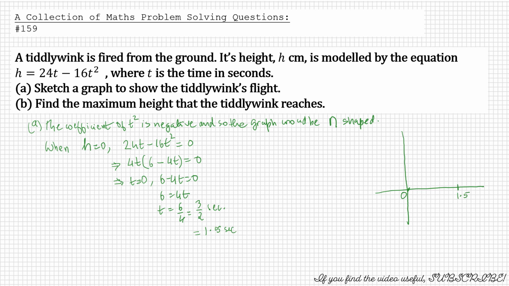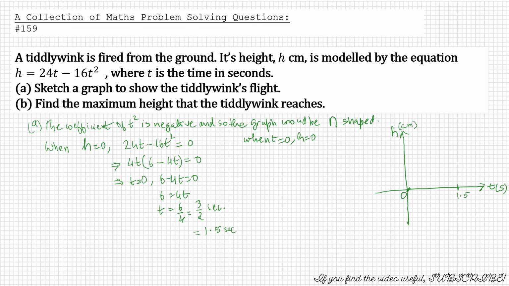When t is 0, h also equals 0. So at time 0, the height is 0. So the graph extends on the time axis. The x-axis is always time, and this would be the height in centimeters, and it would extend on the time axis, time in seconds, from 0 to 1.5. I have to graph to show the flight.